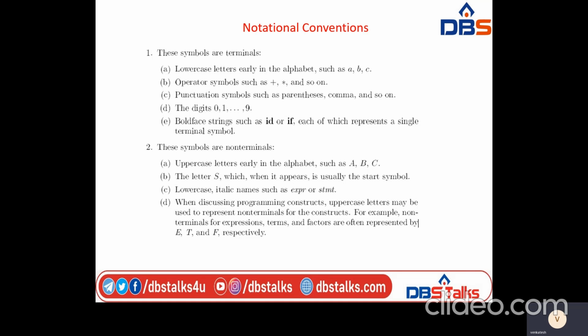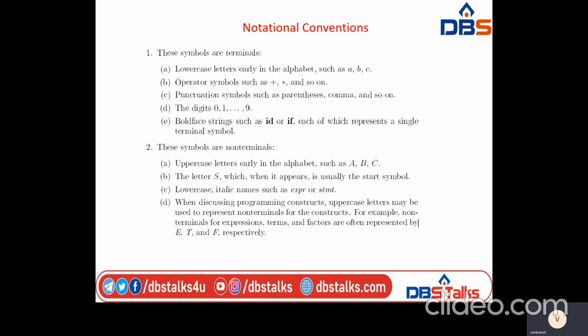All these are terminals. Next, punctuation symbols such as parenthesis, comma, and so on. All these are terminal symbols. Next one, digits, 0, 1, 2, 3, like this up to 9. Whatever it may be, a digit is a terminal. Next one is boldface strings such as id or if, each of which represents a single terminal symbol. Okay, so all these are the symbols we are going to take as terminals.